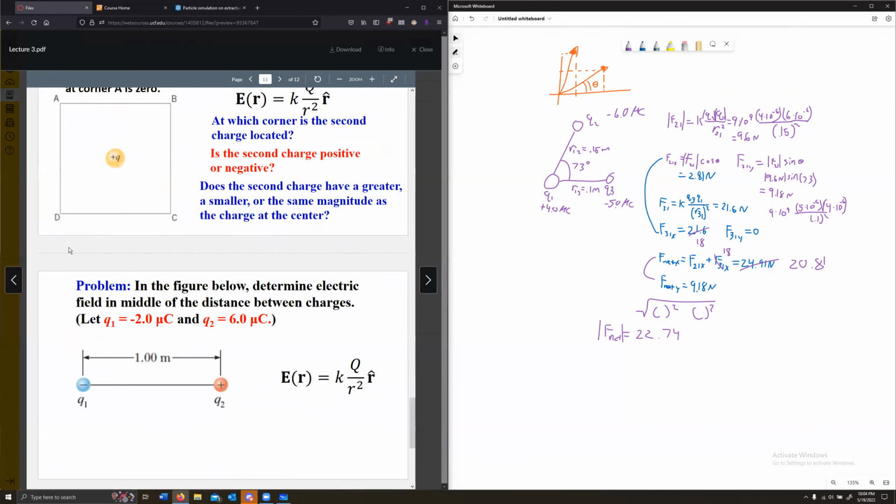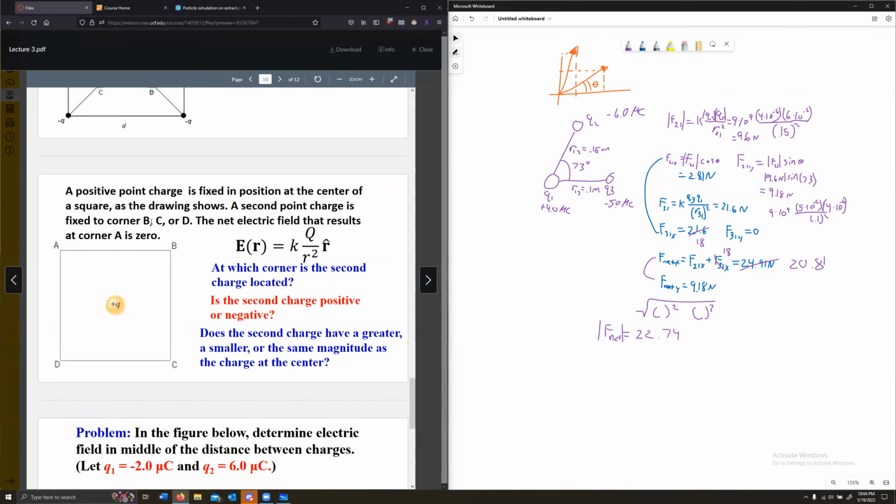Okay, for this one, the first blue one, he said C, and then in class he said negative, but I'm pretty sure it should have been positive. And I went over this one with him after class.